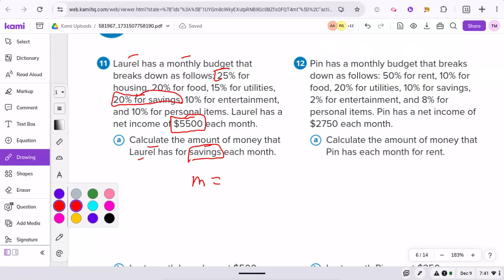So the amount per month of savings, 0.20 times the income of 5,500. So you would just need to multiply 0.20 times 5,500, and you'd get 1,100. So every month into savings is 1,100.